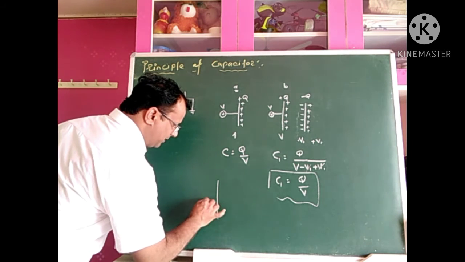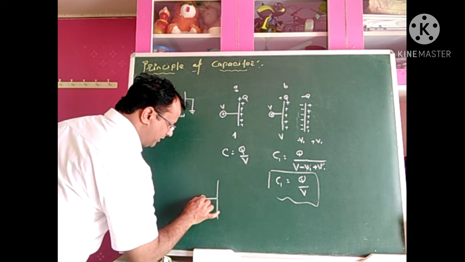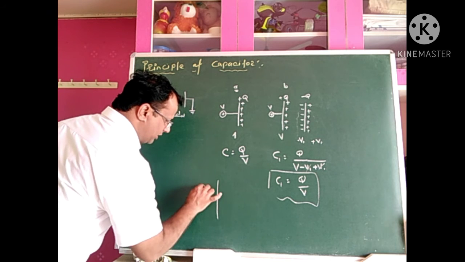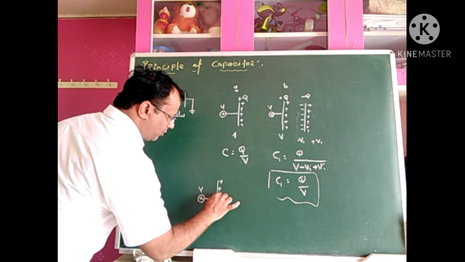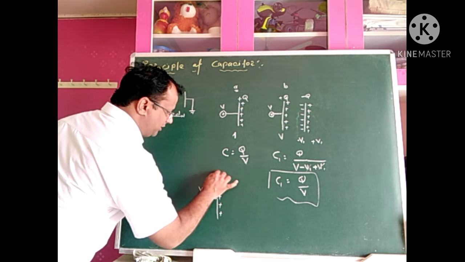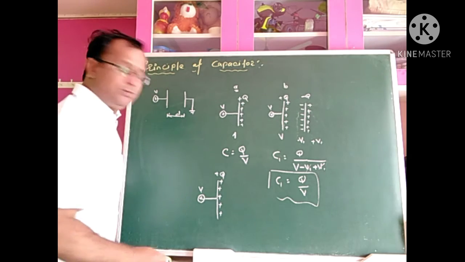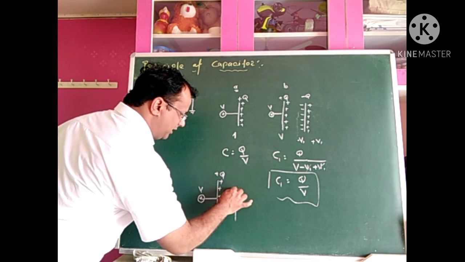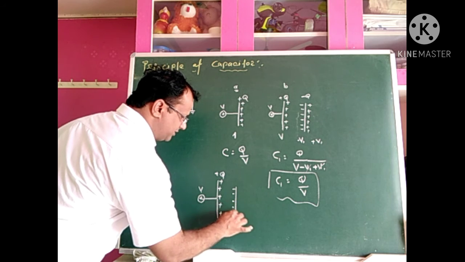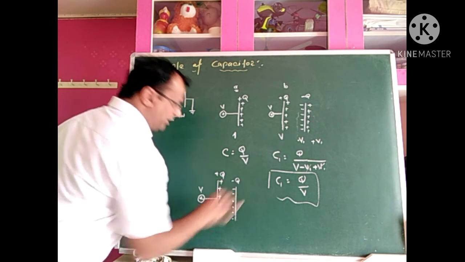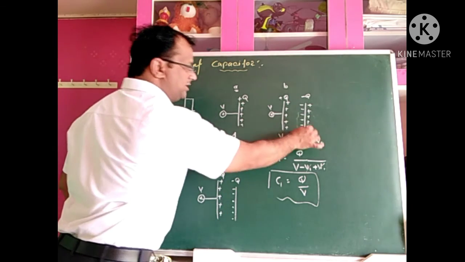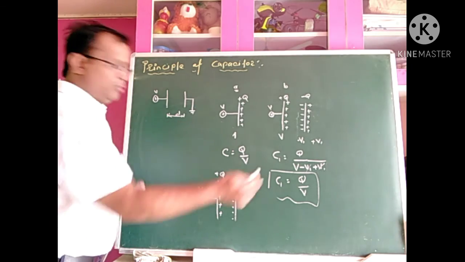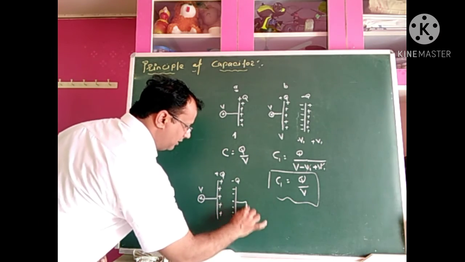Suppose this is the first plate, and to the first plate we give a positive potential. Due to that, positive charges are deposited. Suppose the positive charge is Q, and in front of that we keep the second plate. Here negative charges are induced, and all these unbound charges are removed if we take the earth.